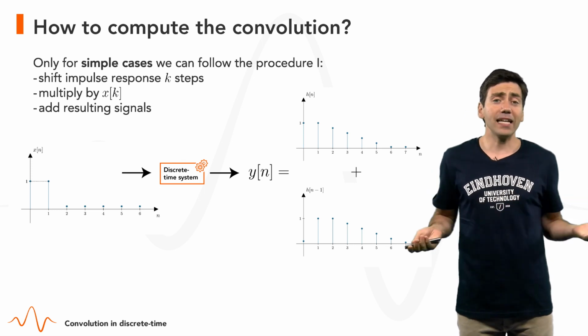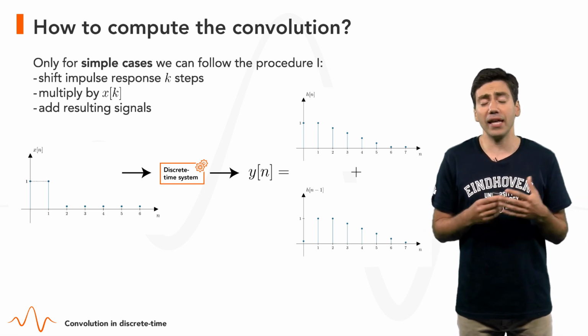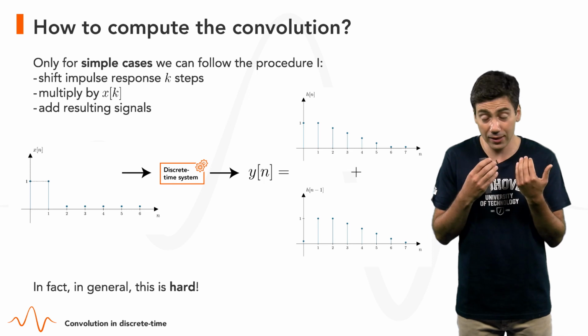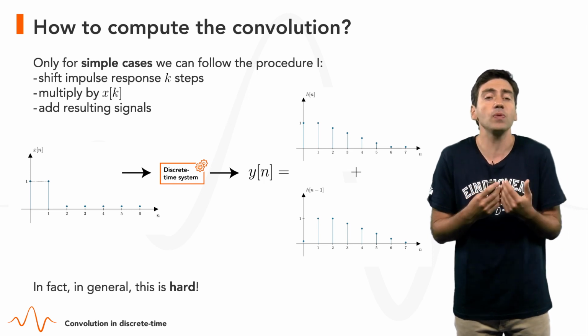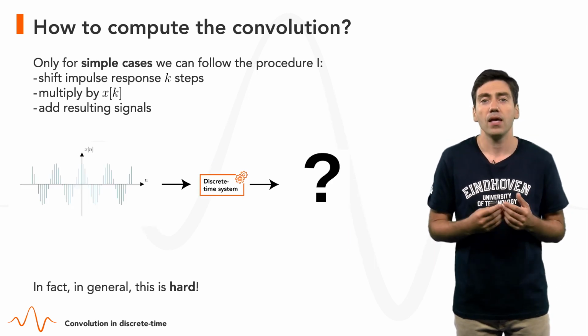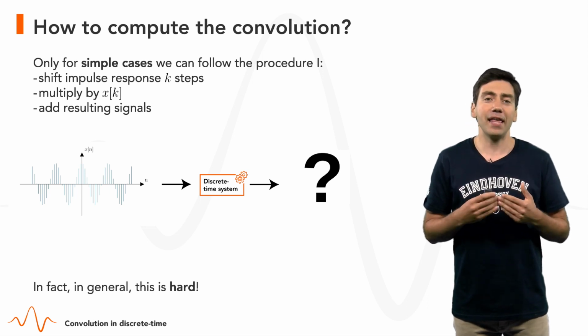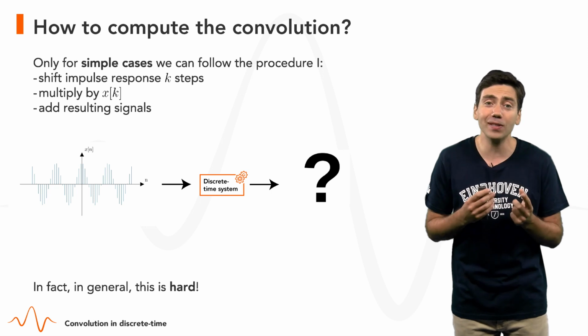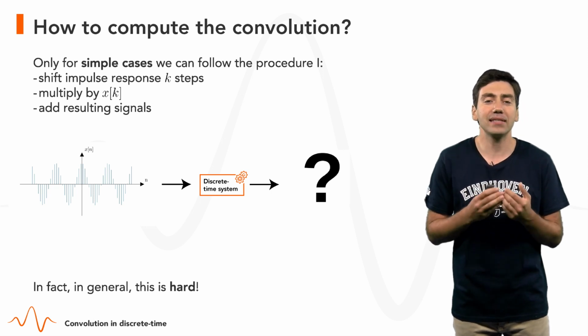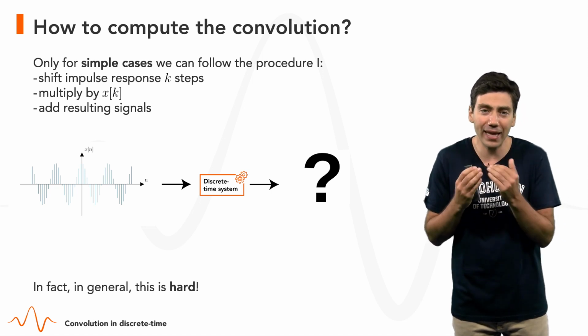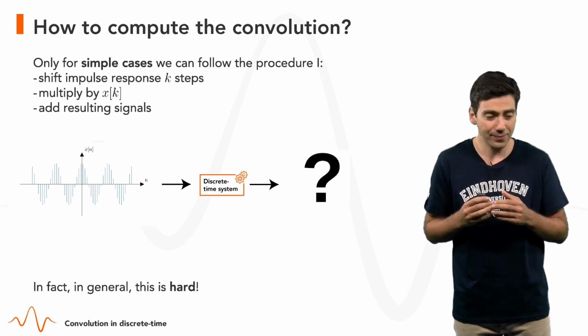Now, the fact that the input signal starts at 0 is nothing special, because we can make that convention. Also, the impulse response for causal systems must start at 0. It has to be zero for negative values.